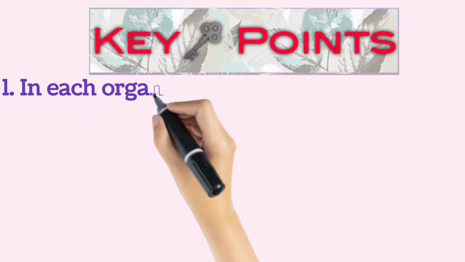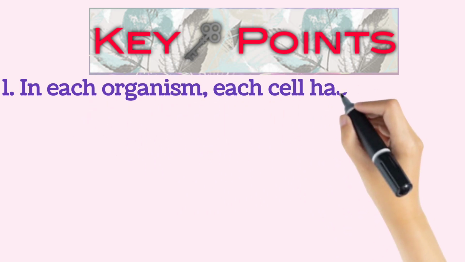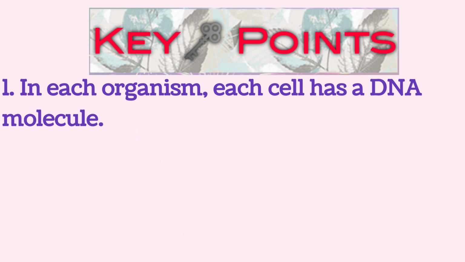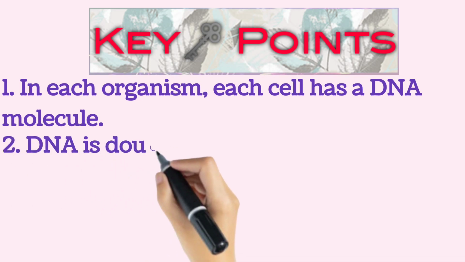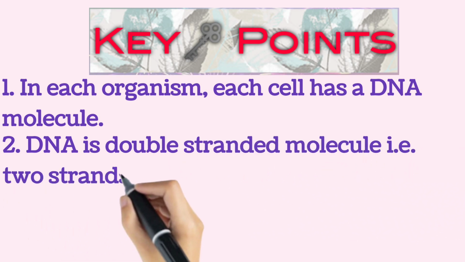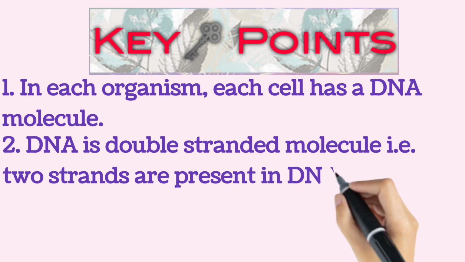Point number 1 is that in each organism, each cell has a DNA molecule. In our organism, there are many tissues and many cells, and these cells have their own DNA molecule.